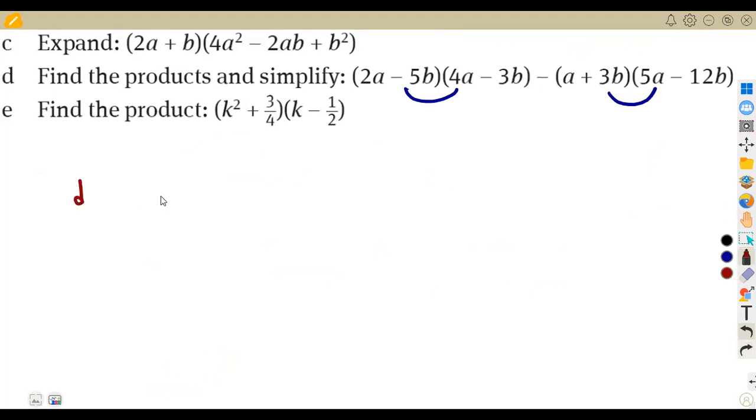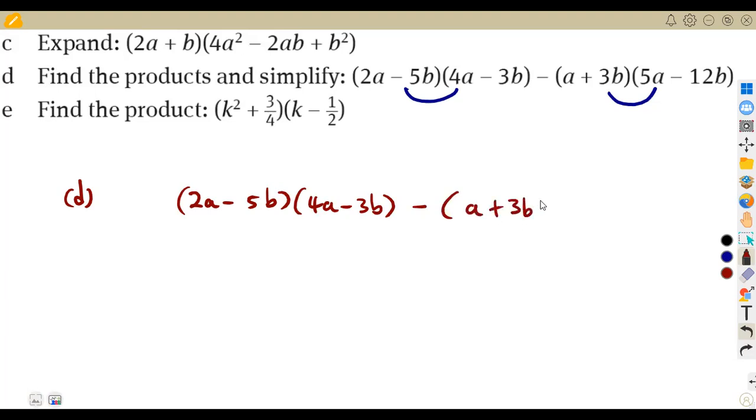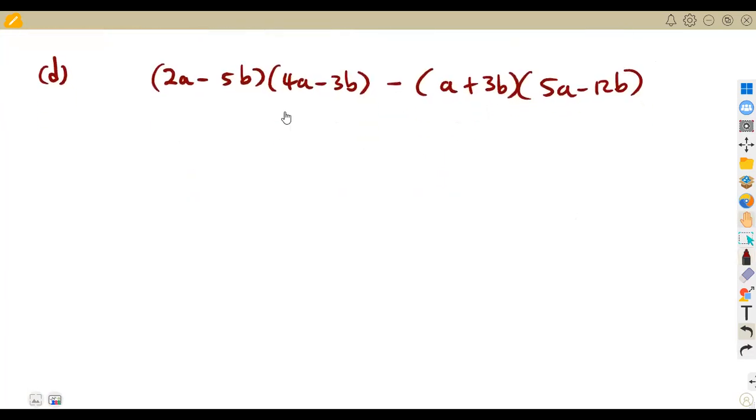We are given the bracket of 2a minus 5b into the bracket of 4a minus 3b, minus the bracket of a plus 3b into 5a minus 12b. We are asked to find the product, and not only the product, we are also supposed to simplify further. Whatever you have at the end, you must simplify.